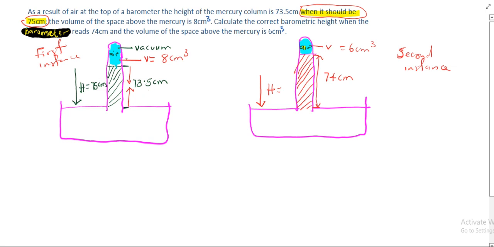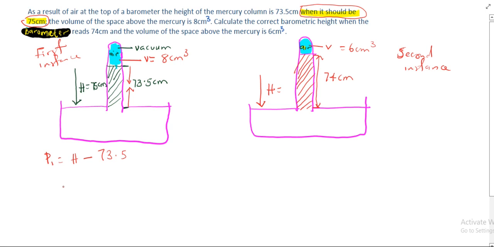The pressure on the air in the first instance, P1, equals the atmospheric pressure minus the length of mercury acting on it, which is 73.5.